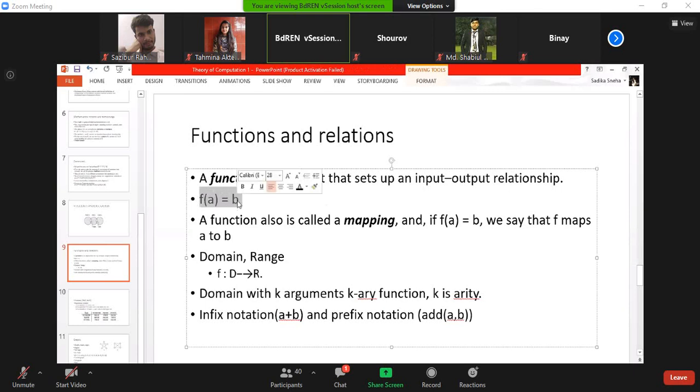Function is an object that sets up an input-output relationship. We can also say that a function does the task of mapping.